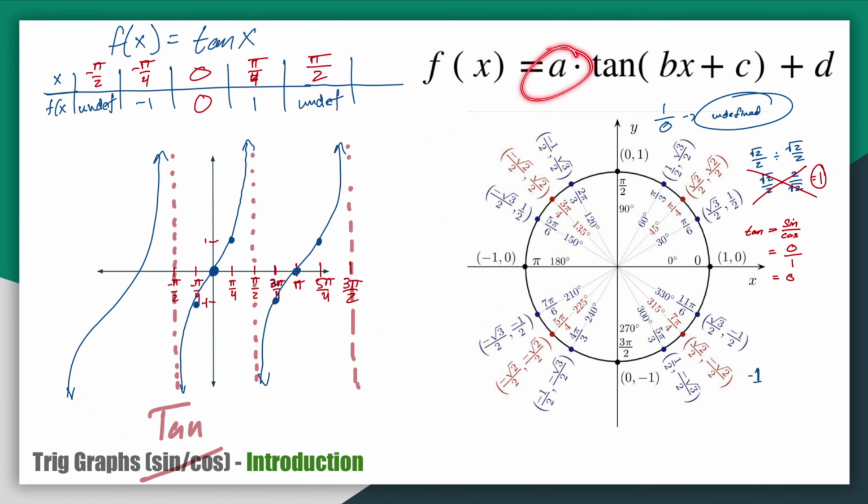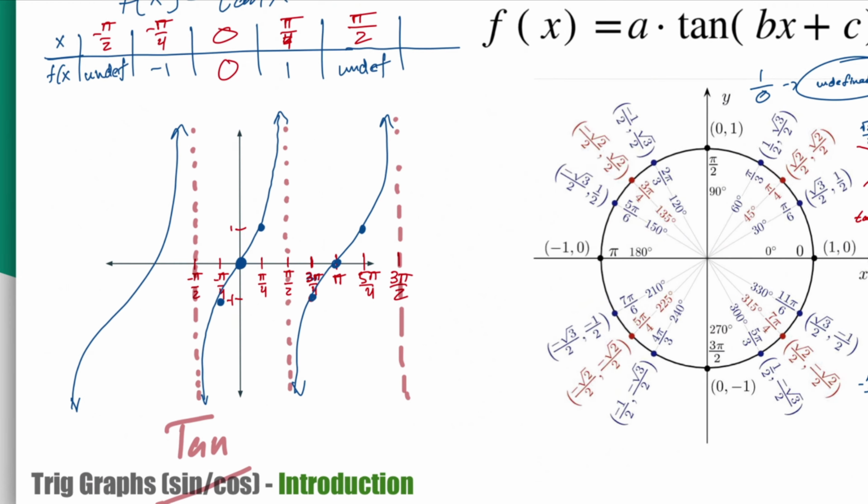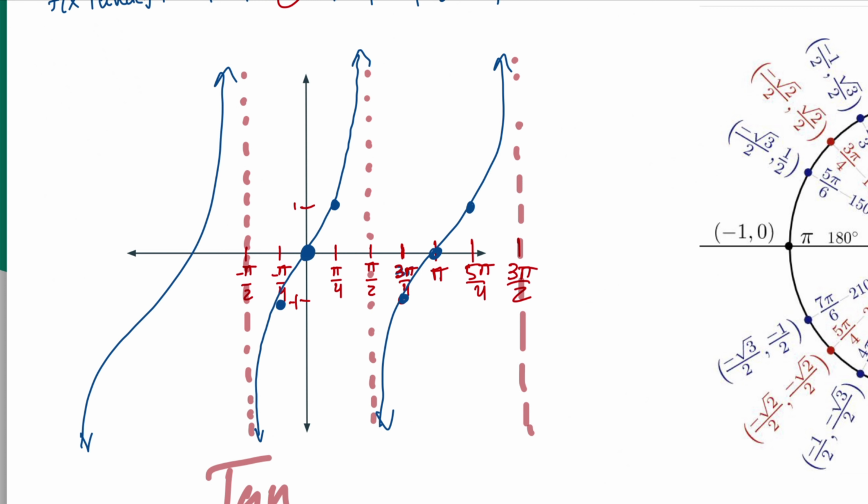So this looks very different, okay? However, these A values, these B values, these C values, and these D values are pretty much going to do the same exact thing, except for one difference. Notice how this is a periodic function. It repeats itself, but look at the distance of the repeat. From -pi over 2 to +pi over 2, that's a distance of 1 pi, right?